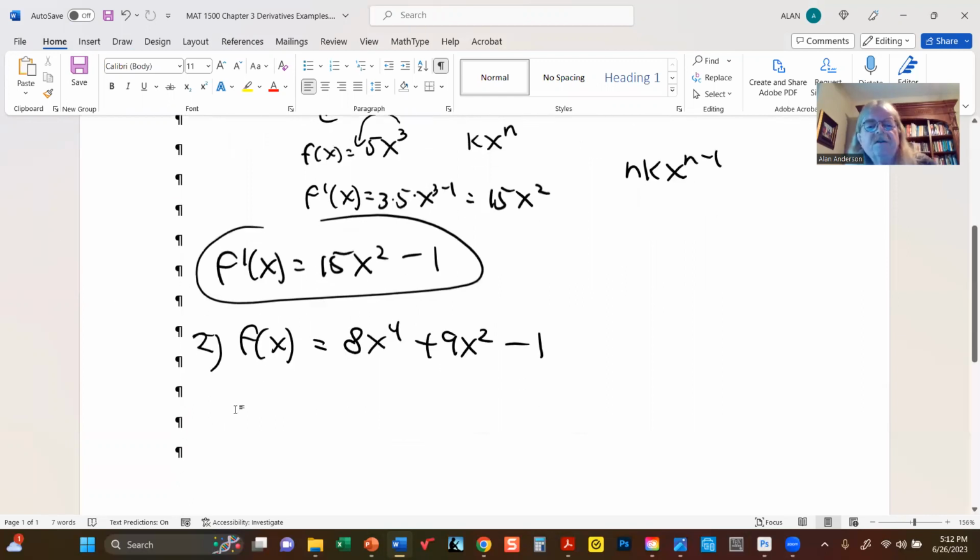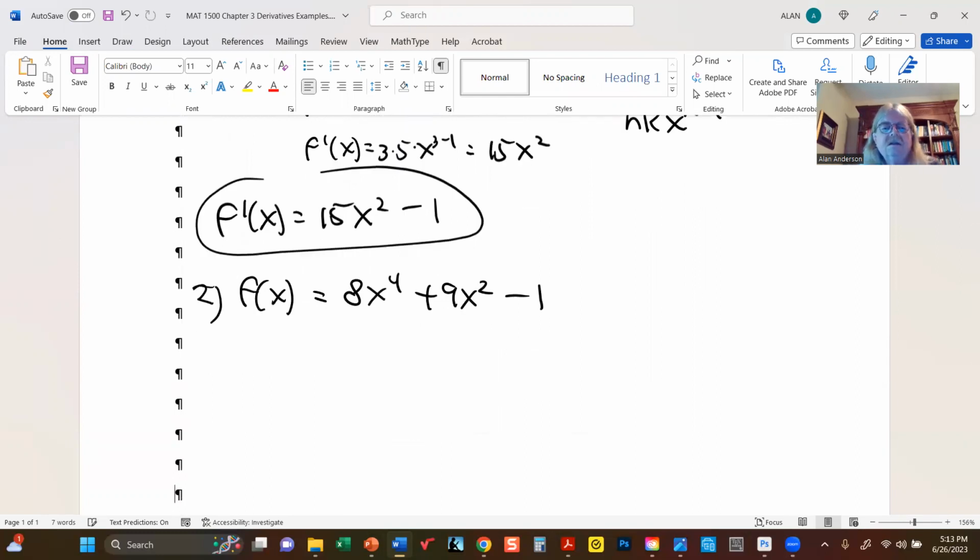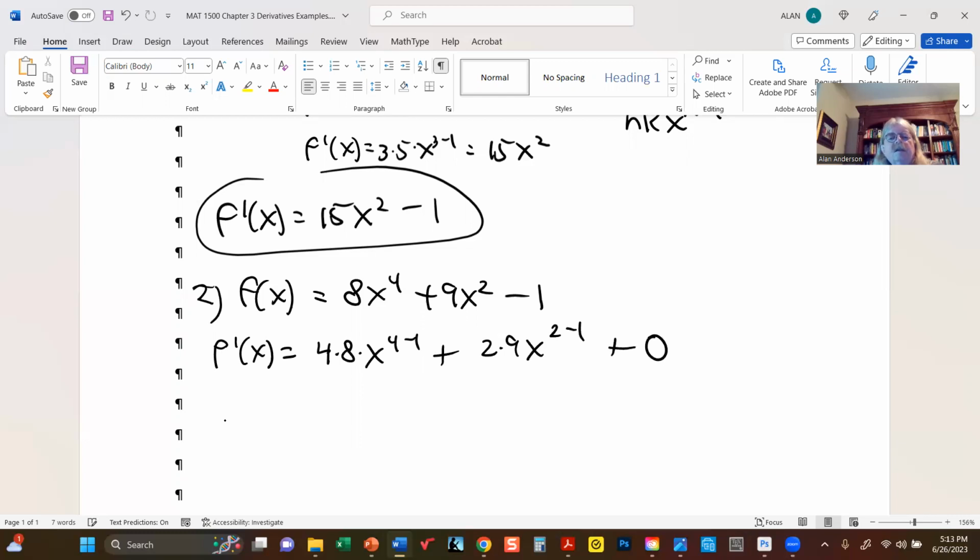So it's going to be similar to the last one, not identical. So this first term, 4 times 8 times x to the 4 minus 1. Here we have 2 times 9 times x to the 2 minus 1. So we'll end up with 32x cubed plus 18x, and that's it, we're done. I don't need to write x to the first power here, although that is what it means.